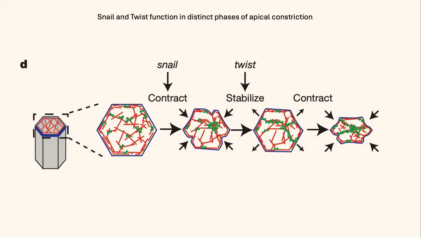When we remove snail, we do not see any constriction to begin with. When we remove twist, we do see these constriction phases, but we do not see the stabilization phase at all. Without stabilization, the area of the membrane does not decrease so that it can decrease again in a consistent manner. So that is what these transcription factors do.